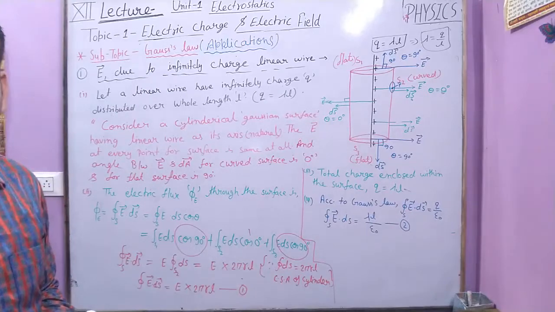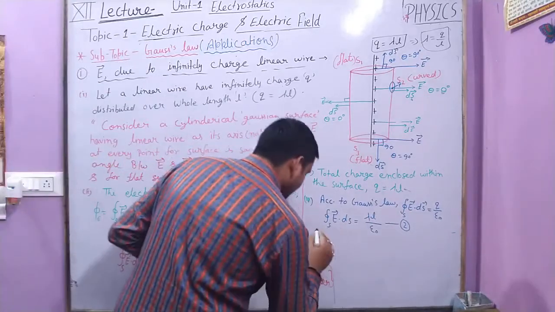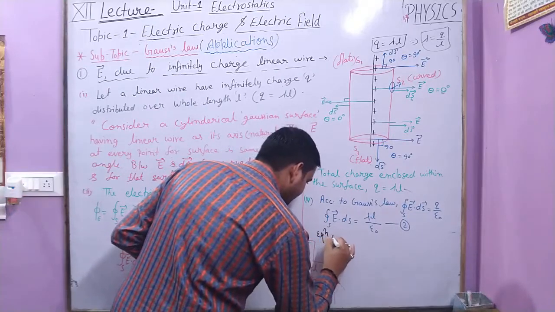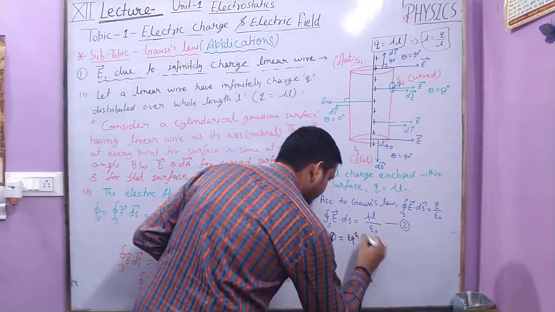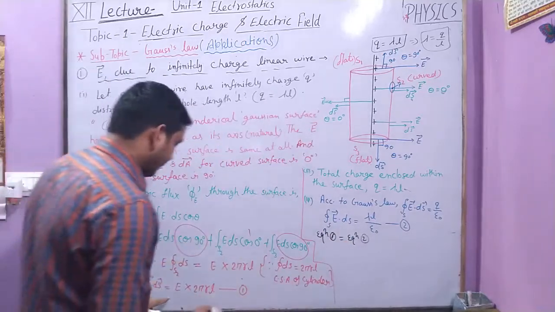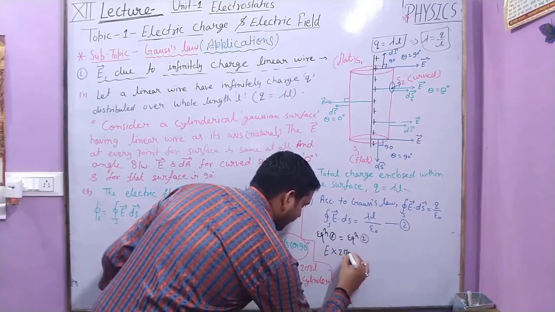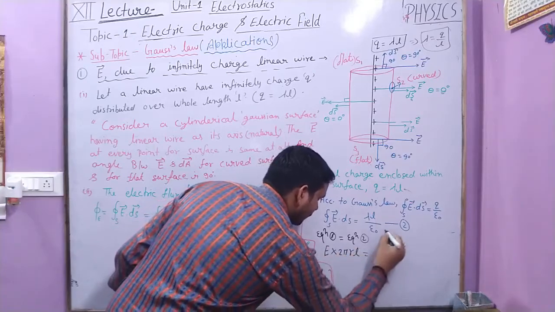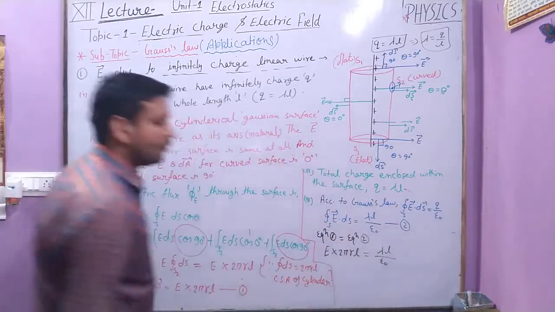Now you need to equate the two equations. Equation 1 equal to equation 2. We get from here E into 2 pi RL is equal to lambda L upon epsilon naught.